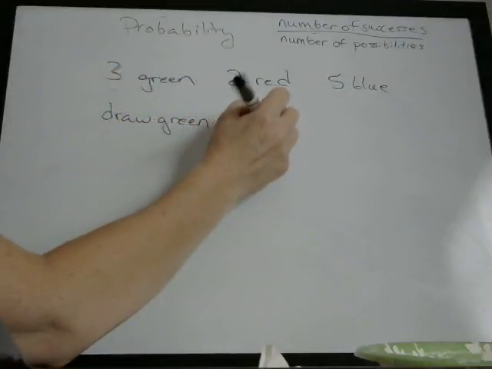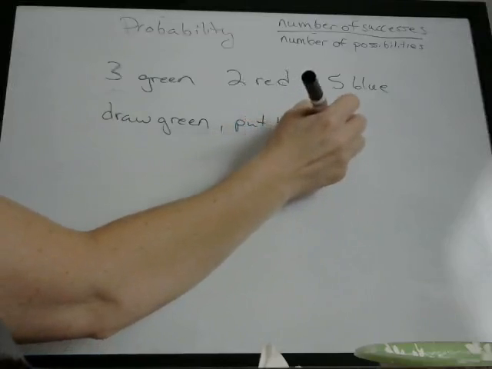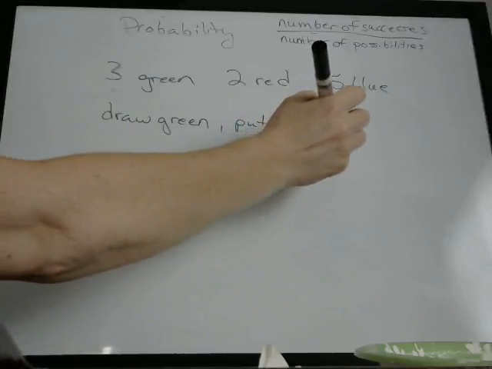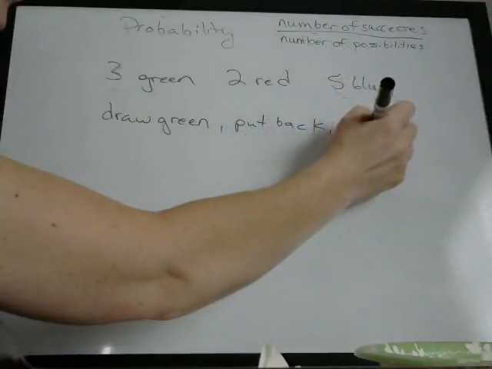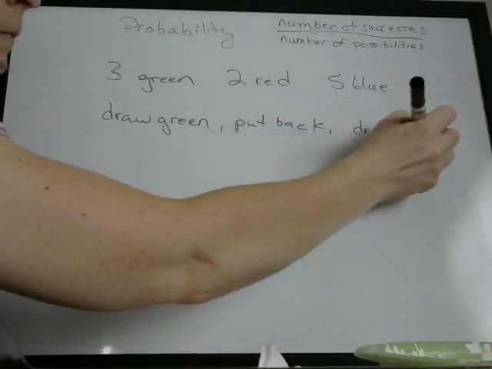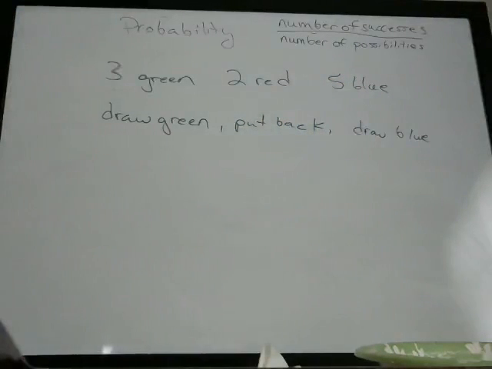You put it back in, and then drawing a blue. So when you're going to have two events happen one after another, the way that you do the probability is by multiplying them.